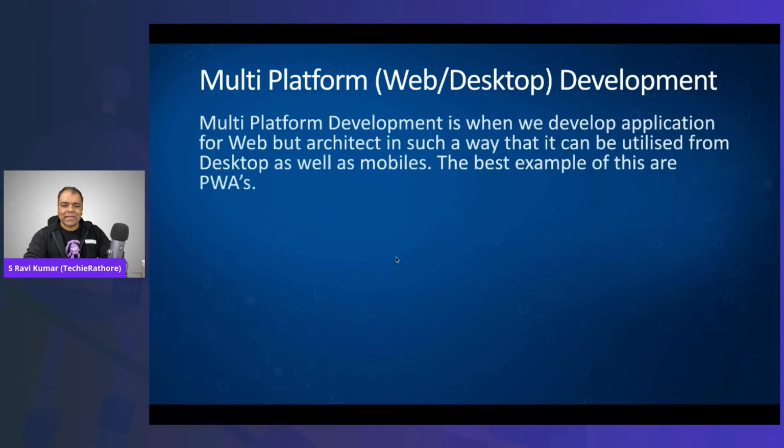So let's start with what is multi-platform development. Multi-platform development is when we develop an application for the web, but we architect it in such a way that it can be utilized on desktop as well as mobile. The reason I avoided the term cross-platform is that cross-platform is primarily used for mobile applications.